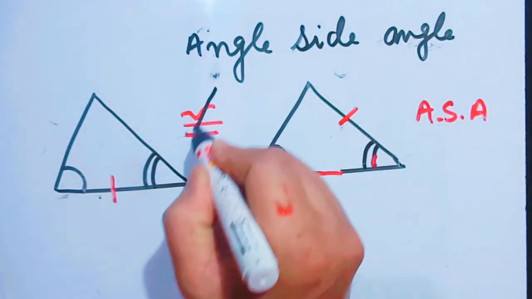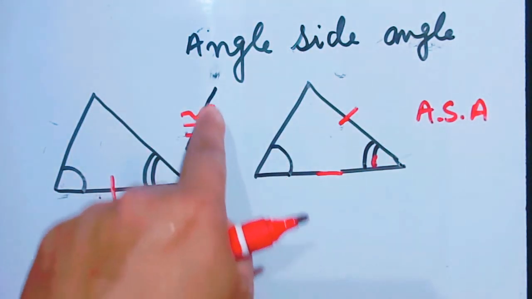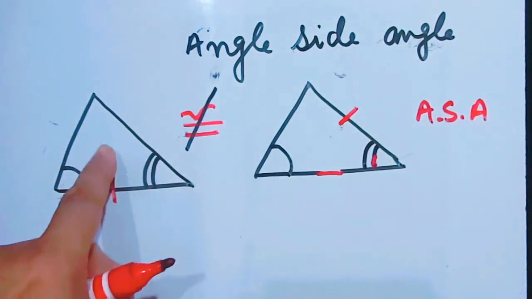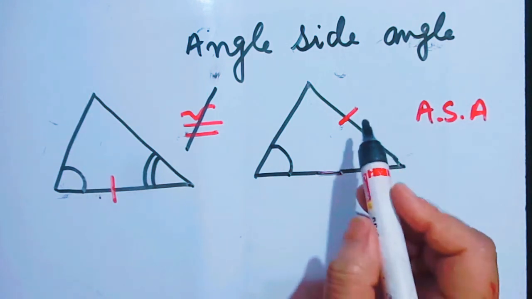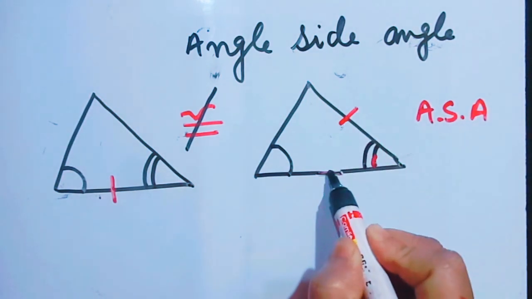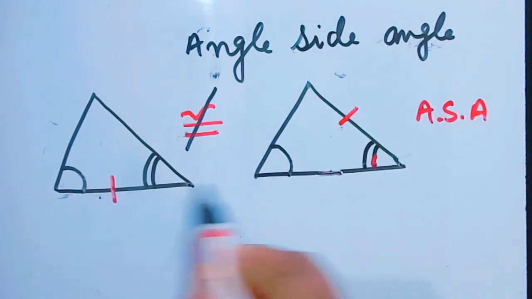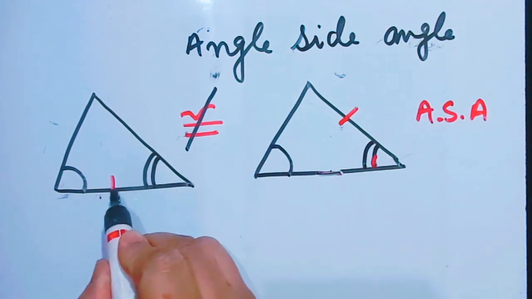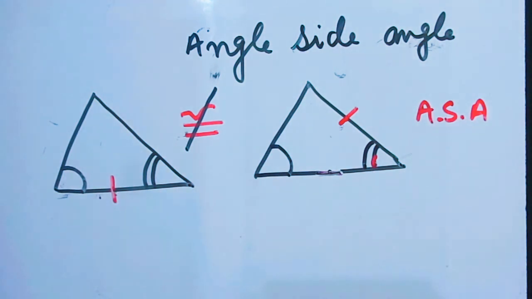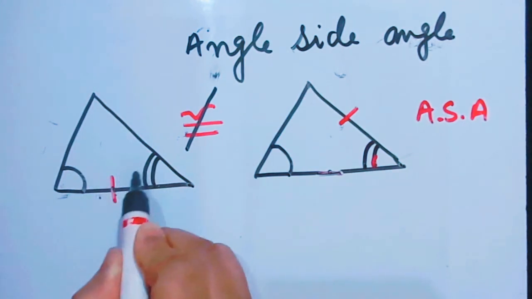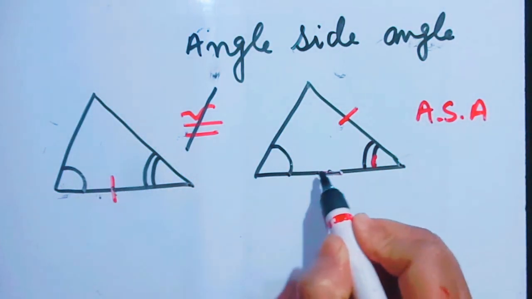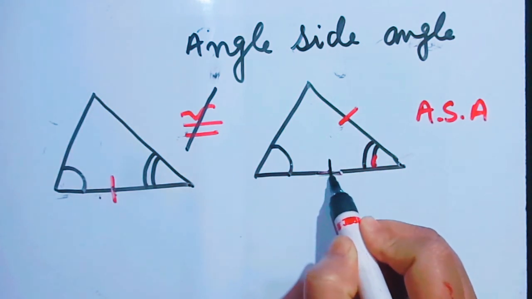That is why we put the sign of congruent and give it a cut, and we say that it is not congruent. Why? Because the corresponding sides are not equal. This side which is between these two particular angles should be equal to this side only.